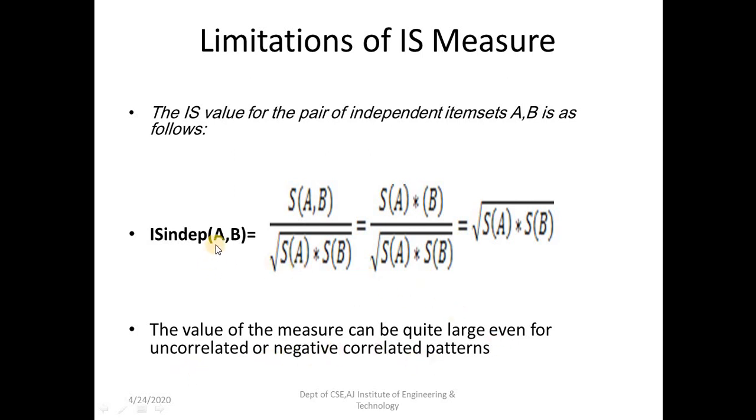So for independent items A and B, the value of the IS measure can be very large, for uncorrelated and negatively correlated patterns. This is the limitation of the IS measure.